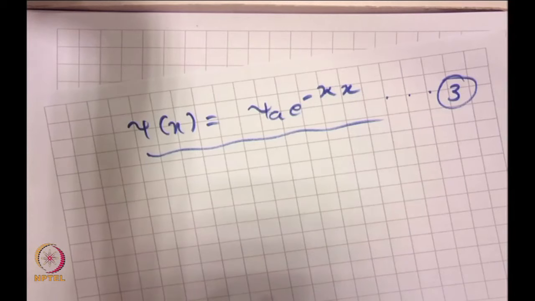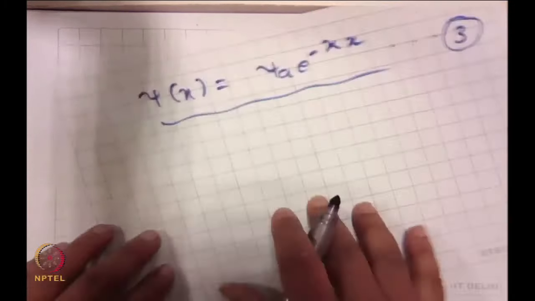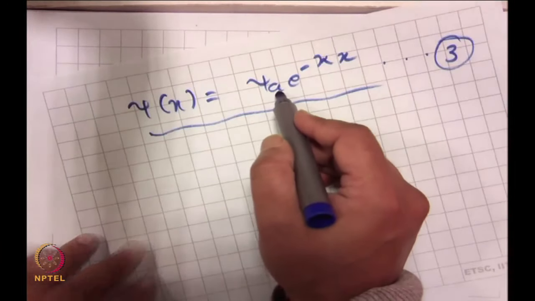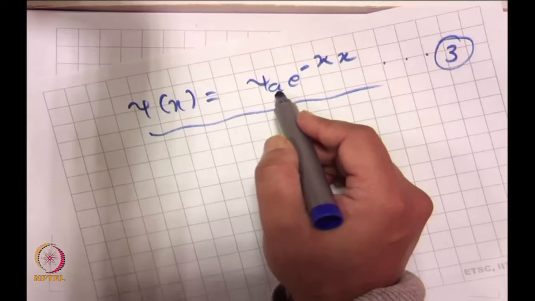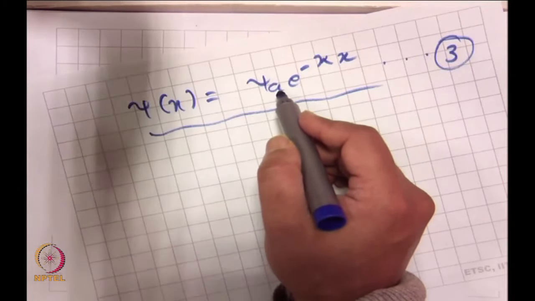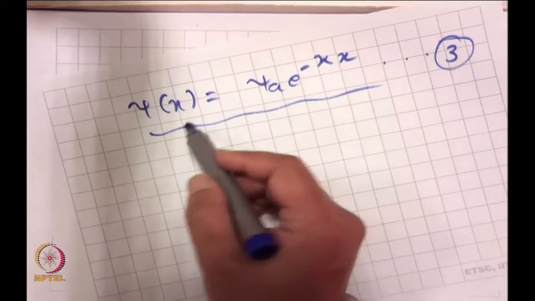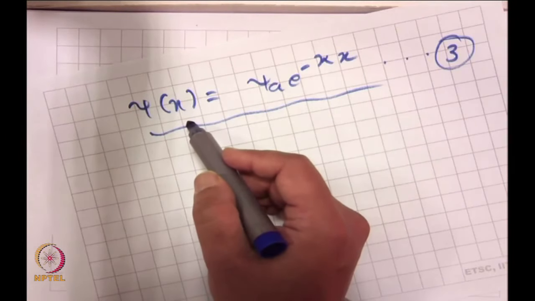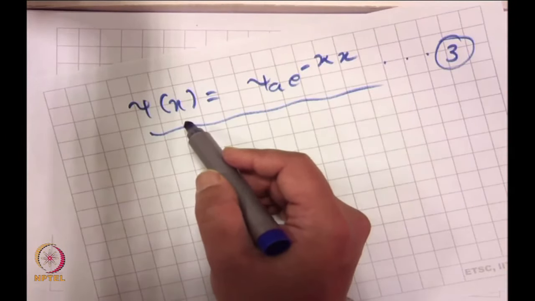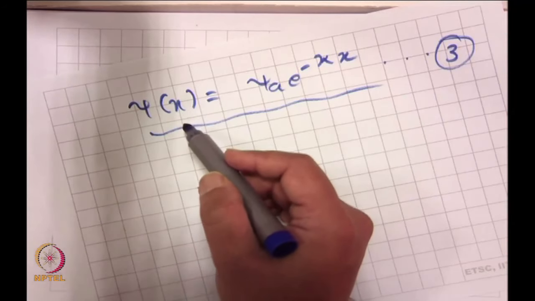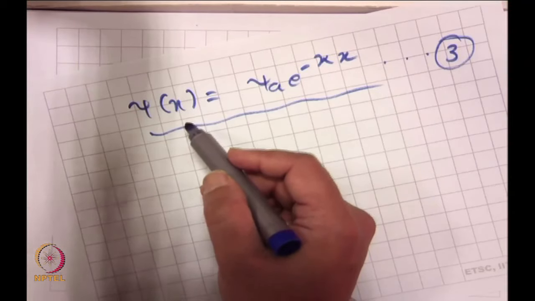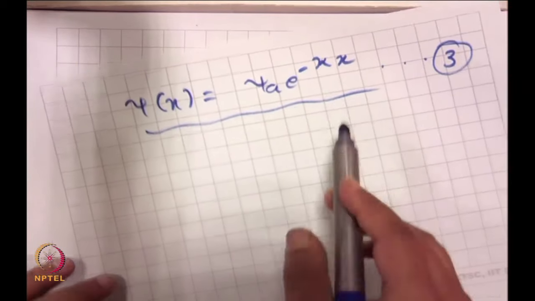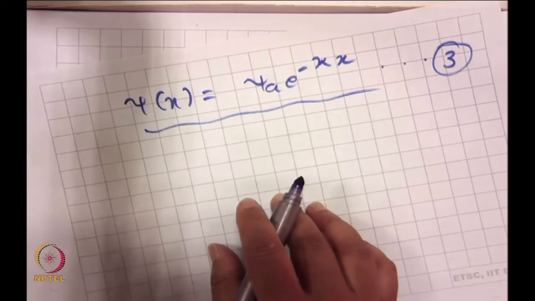So, what is the take home point of this equation? The take home point is, if psi a is the electrostatic potential of the charged plate, whatever charge it is, and if I am going to look at the electrostatic potential at a distance x from the plate, then how is the potential going to vary? The potential is going to vary exponentially as a function of x, obviously, being determined by what? Kappa.